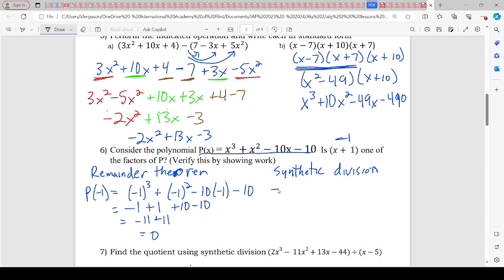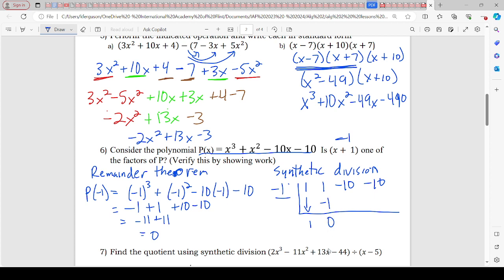Synthetic division, I still take that negative 1, and then I take all my coefficients, 1, 1, negative 10, and negative 10. And I see if I get a remainder or not. So I bring this down, 1. Negative 1 times 1 is negative 1.